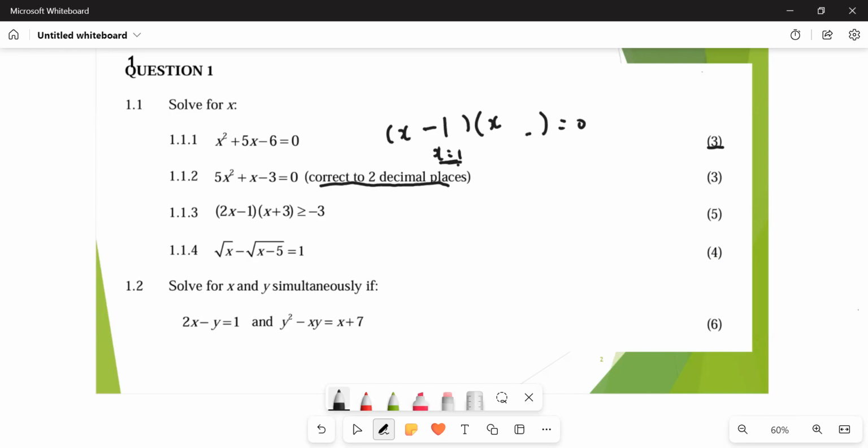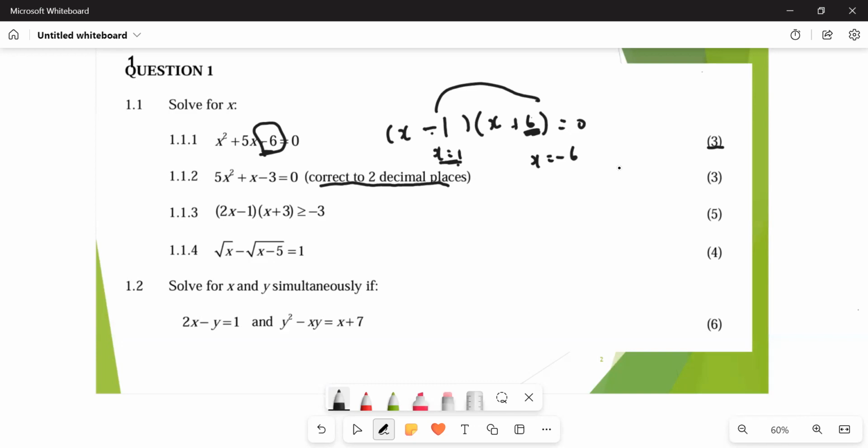What is the value that I can put here such that when I multiply, it's going to give me minus 6? Simple as that. What is the value that I can put here such that when I multiply it with this value here, they're going to give me minus 6? What can you put then? You're going to put plus 6 again. Yeah, and then it means x is going to be equal to what? Minus 6. That makes sense.